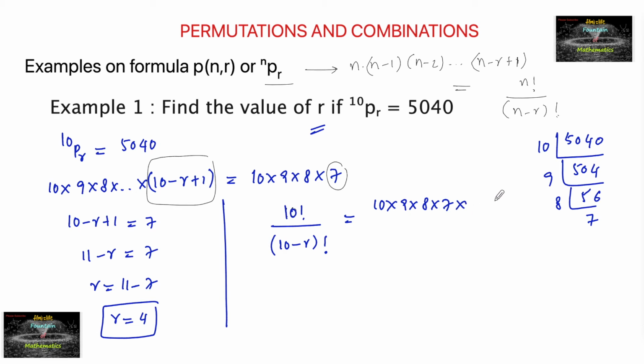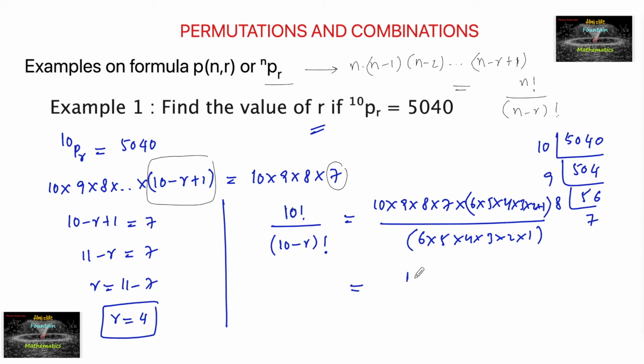Means multiply the 6 natural numbers, that is 6 into 5 into 4 into 3 into 2 into 1. So let us multiply and divide with 6 factorial, that is 6 into 5 into 4 into 3 into 2 into 1, so that we can write it as 10 factorial upon 6 factorial. So 10 factorial upon 10 minus r factorial.